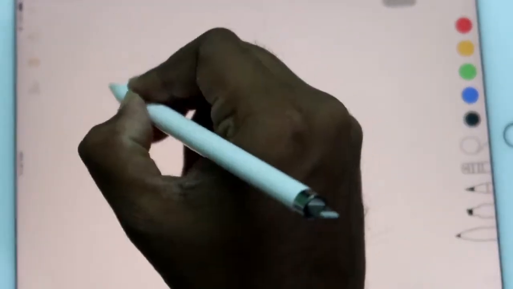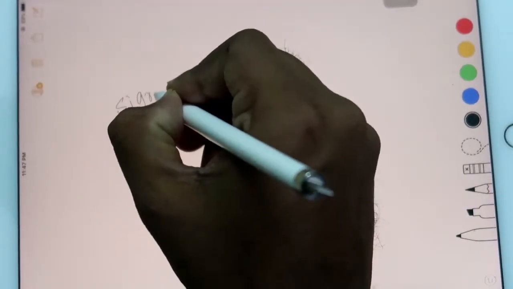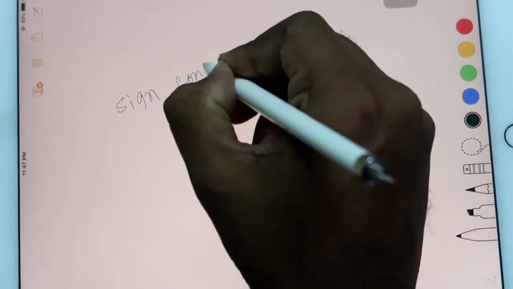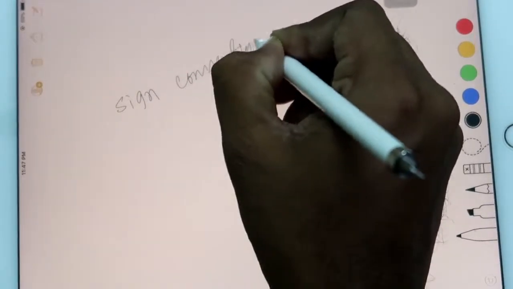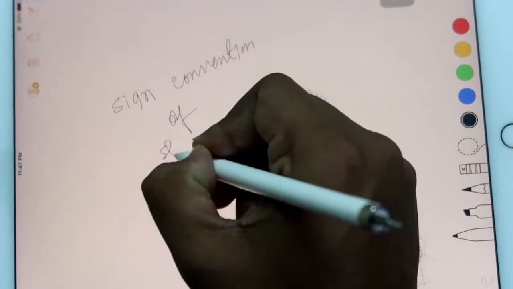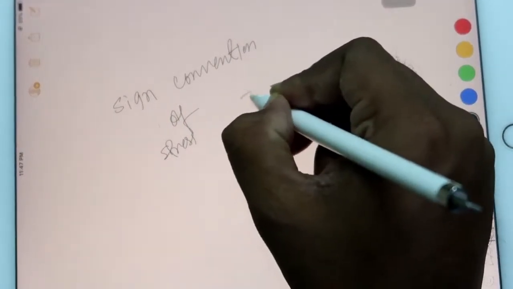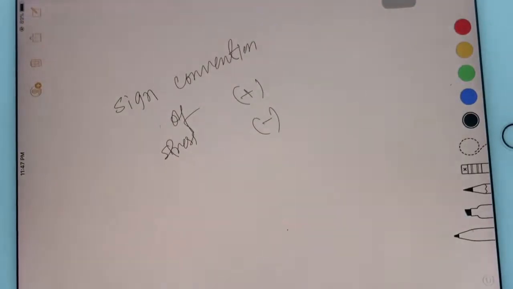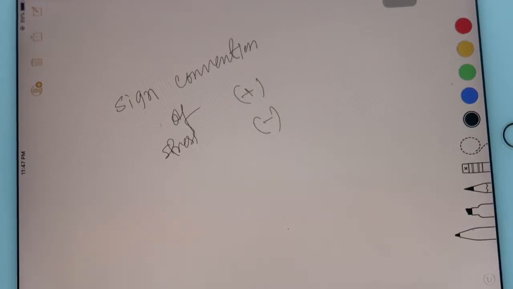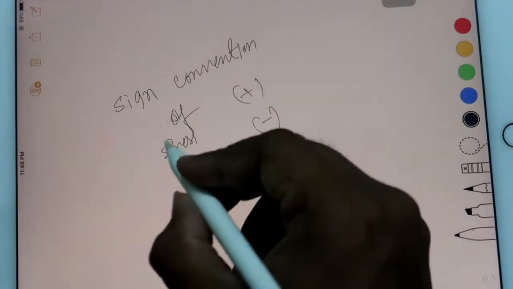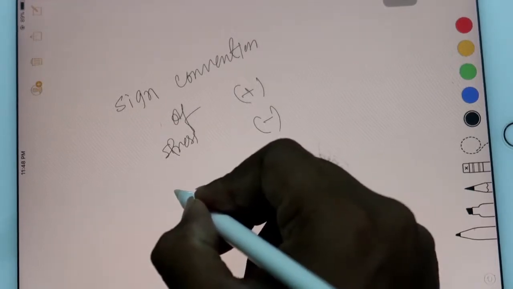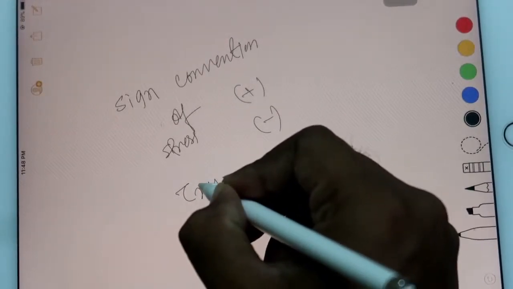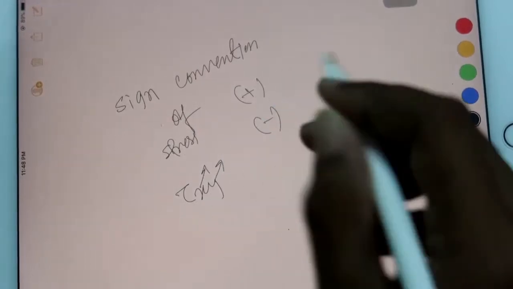So yesterday I discussed the sign convention of stress: when it is positive and when it is negative, and also what is denoted by tau xy, what is denoted by x and what is denoted by y.